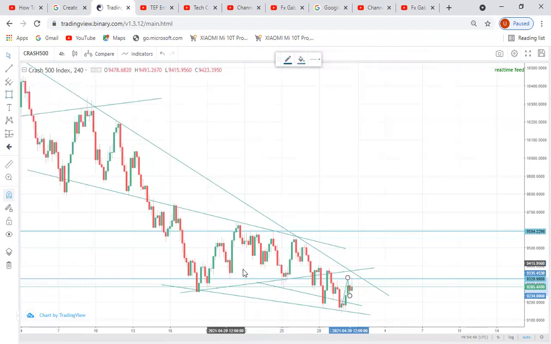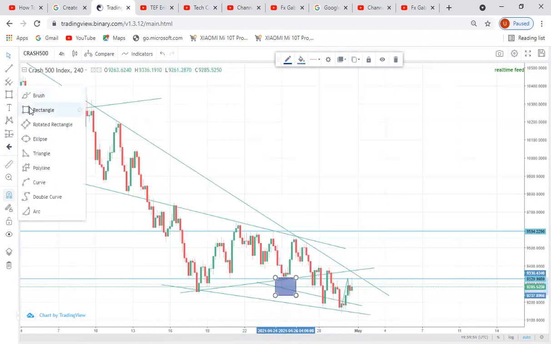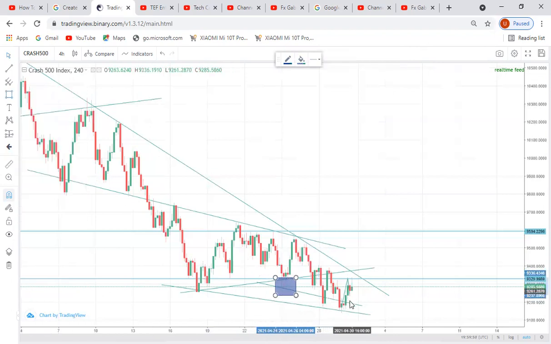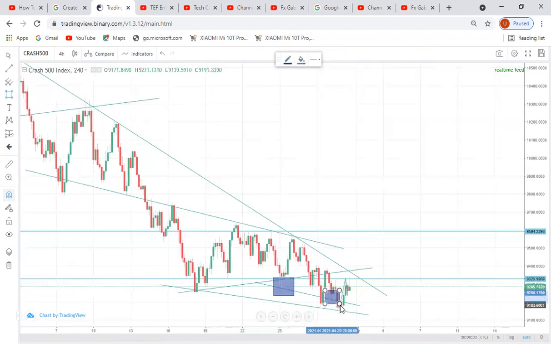So you can see how I did the matching, and make sure I place the line to this level. And also, okay, there is another touch here. So I'll wait for price to get to this line where I have, and then watch what the market is going to do at this level.